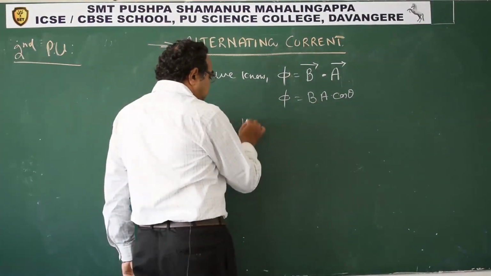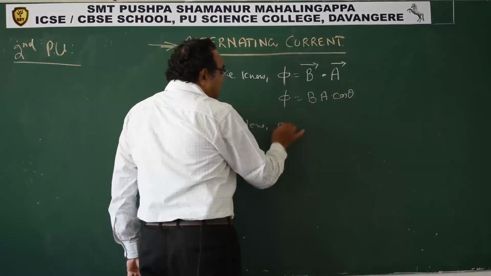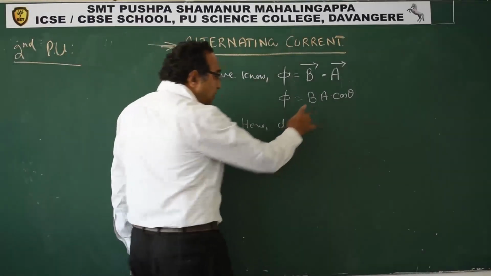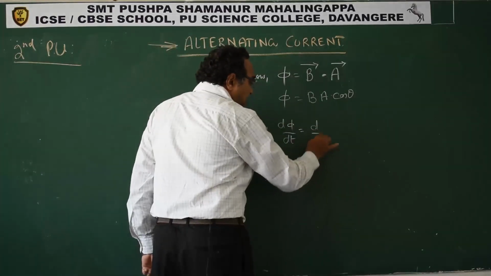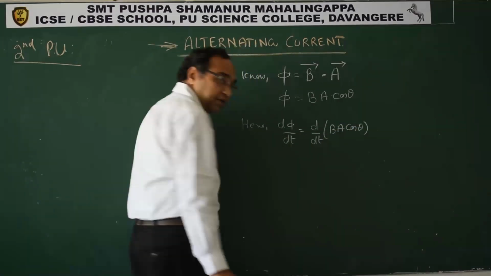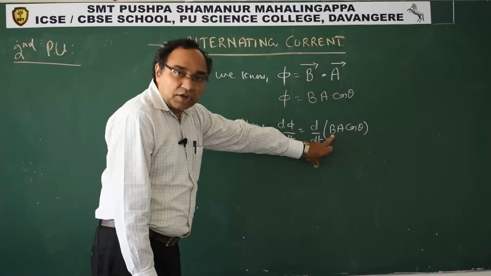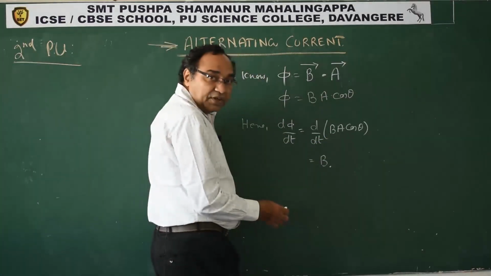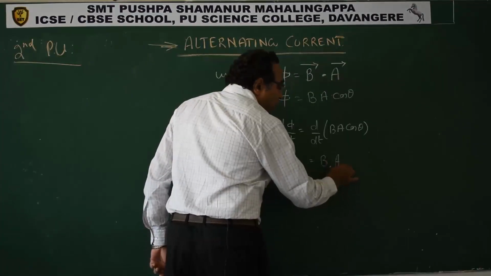Now here, d phi by dt will be what? We will write this as d by dt of B A cos theta. Is B changing? No. So B can be taken outside. Is A changing? No. So that can also be taken outside.